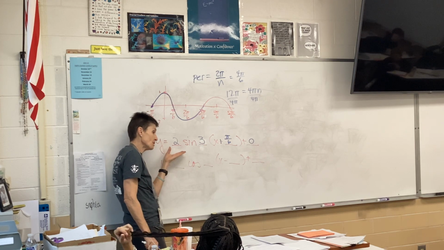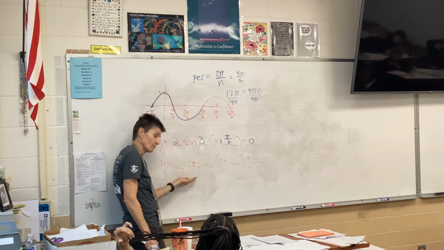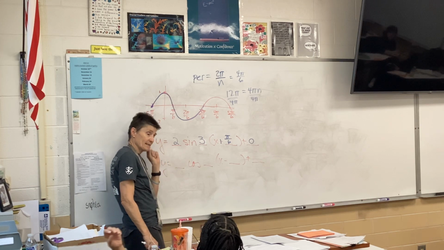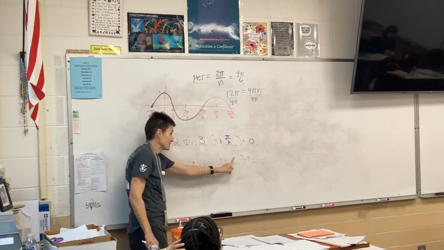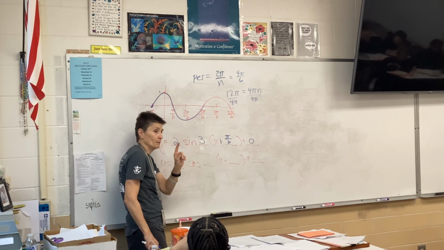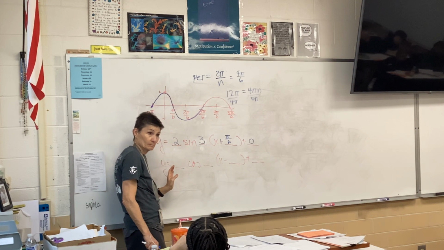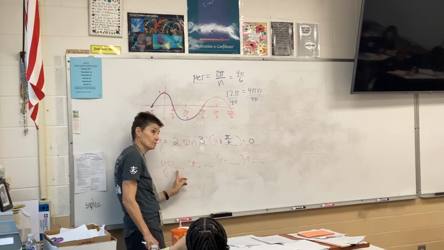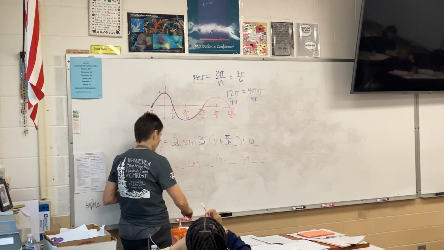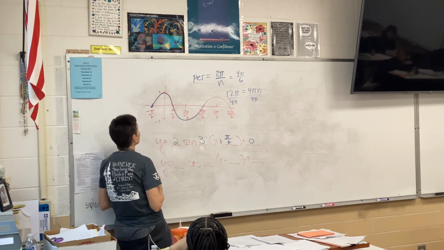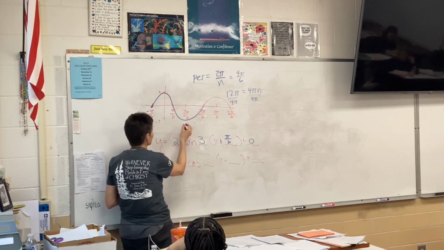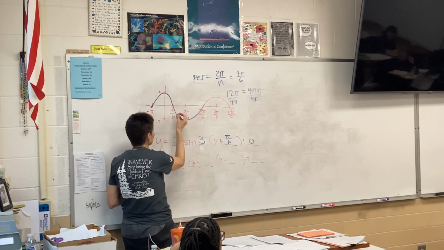Now, when I go to do a cosine curve, the only thing that's going to change is that right there. And possibly I'll need a negative on my amplitude. So where is a cosine curve in this picture? Where do you see a cosine curve? Down here? Here? Yeah.